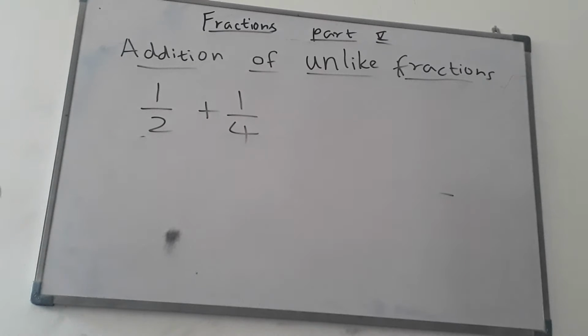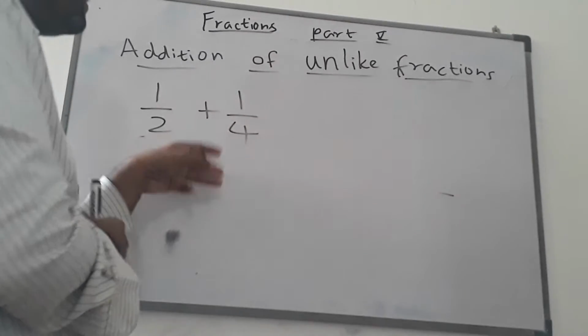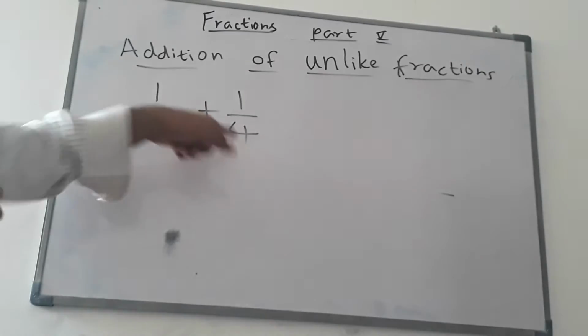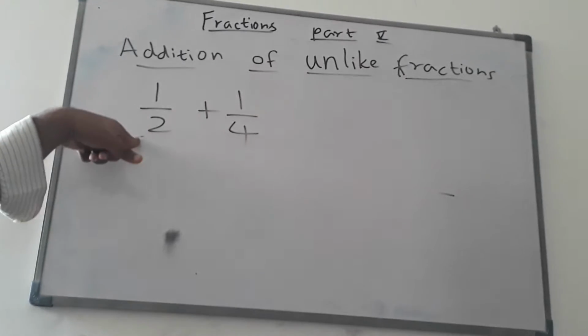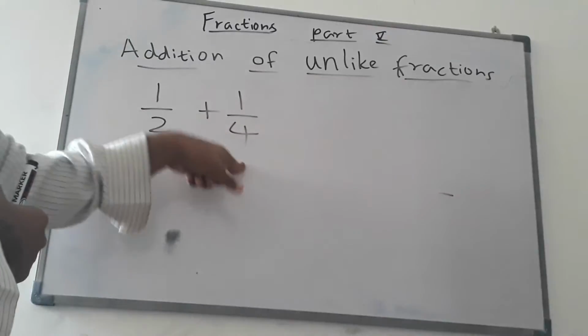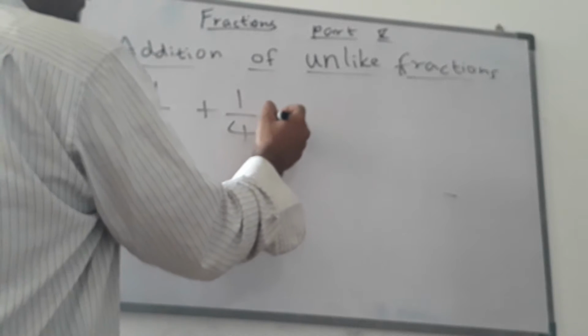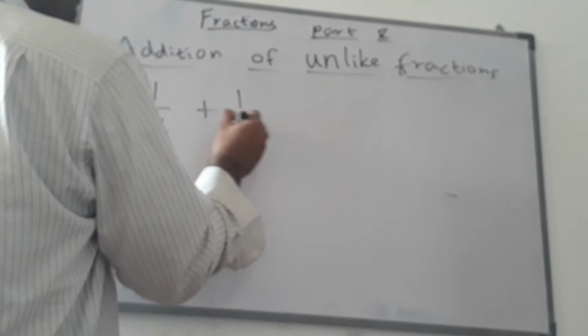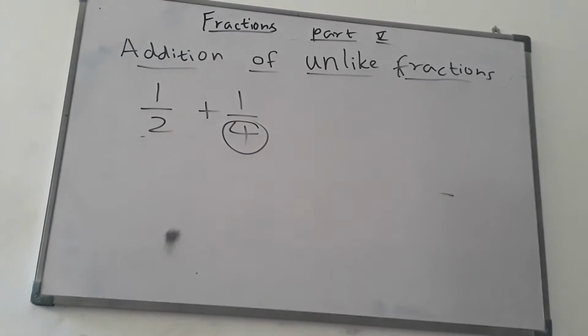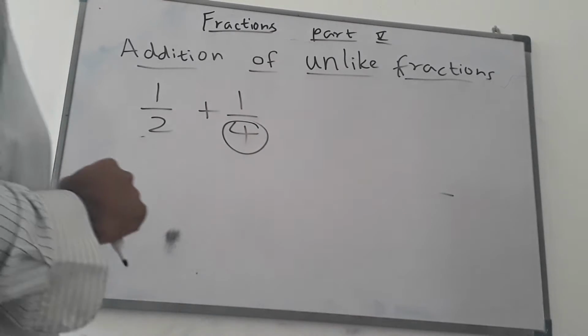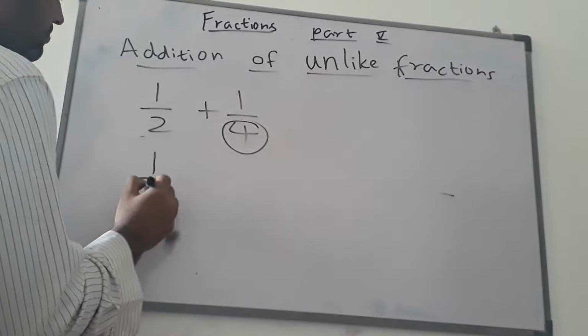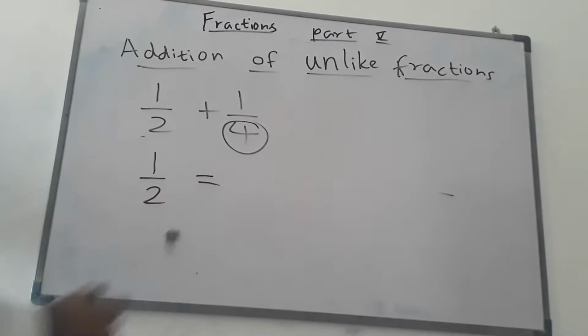Here, of course, 4 is a multiple of 2, or 2 is a factor of 4. As 4 is a multiple of 2, we can take 4 as the common denominator. There are two methods. First is making half into an equivalent fraction with denominator 4.